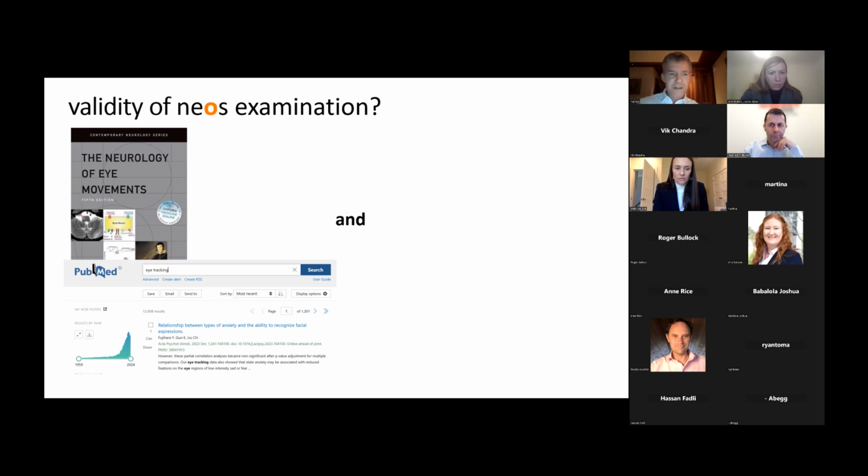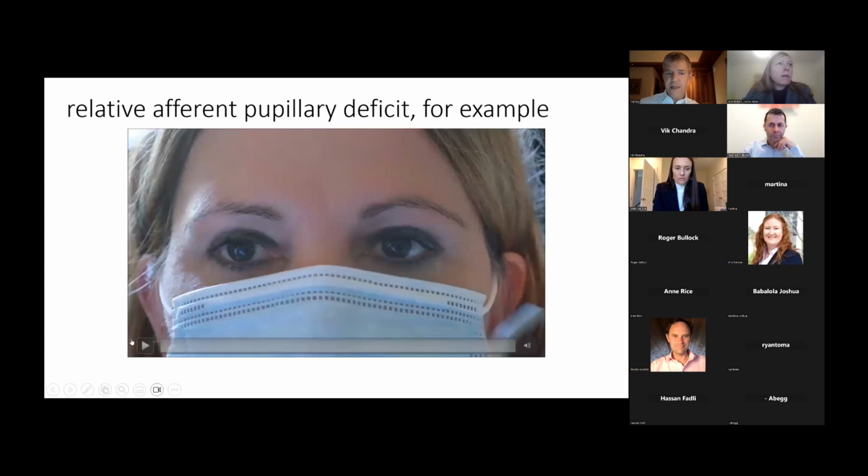There is literature. Yesterday I counted 12,000 publications on eye tracking that can be used for neurological diagnosis. So there is a huge knowledge base already available. The thing that's missing is a tool that can be clinically used. We also have our own data.